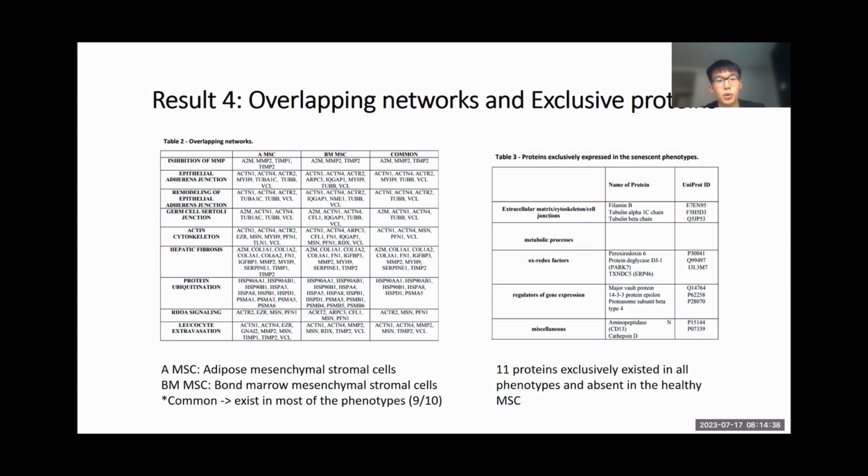And yeah, the bone marrow MSC and the common one basically just overlap, and we can focus on the right. The common one is the overlapping networks for different kinds of cell senescence conditions. And the right one is the 11 proteins that exclusively exist in all types of cell senescence phenotypes.